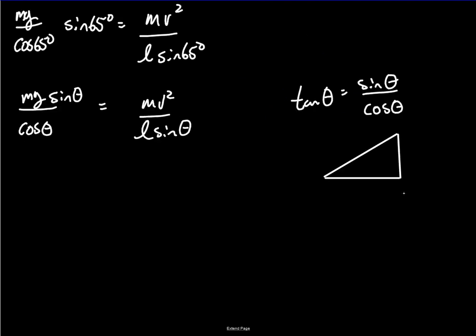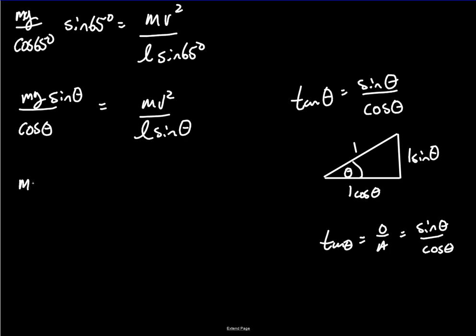If this is part of the unit circle and this value is 1, and you've got theta here, well, over here is 1 cos theta, which is just cos theta, and over here is 1 sine theta. And then tan theta is just opposite over adjacent. Opposite is sine theta, and adjacent is cos theta. They're multiplied by 1, but we'll just dump the 1 because 1 times anything is itself, and so tan theta is indeed sine theta over cos theta. If you ever forget that, just draw a triangle and think about it a little bit, okay?